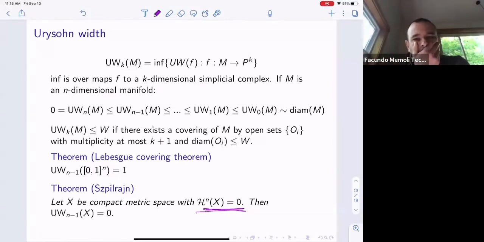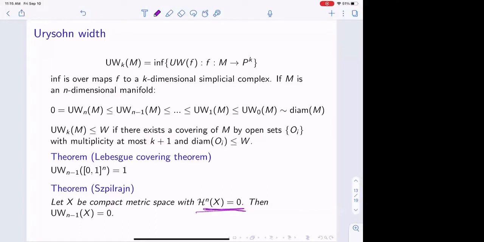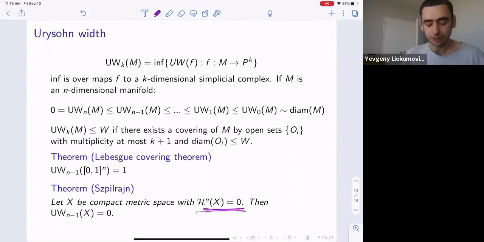Yes, I think so. Well, I'm not sure if I understand the question correctly, but these coverings are intrinsically defined, so you are not embedding the space. You are not talking about any embedding. You are just talking about an abstract space. Yes, we are talking just about an abstract metric space at this moment.